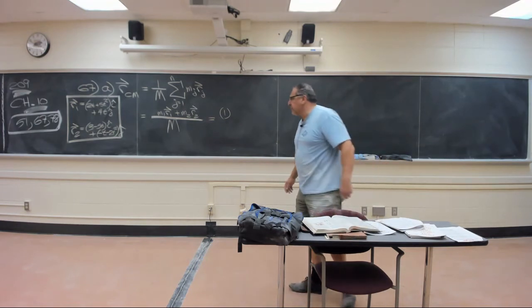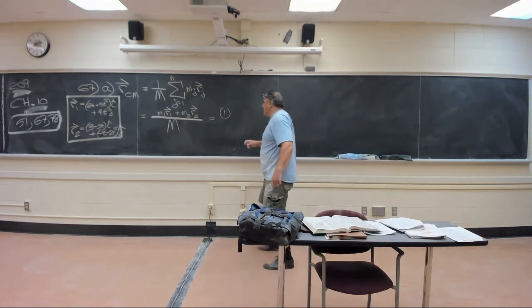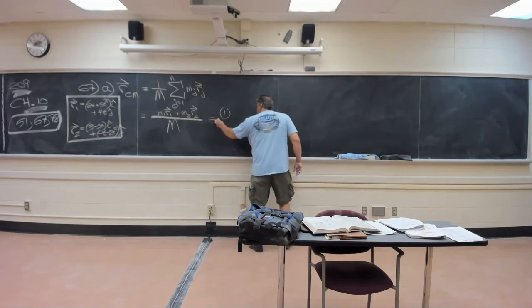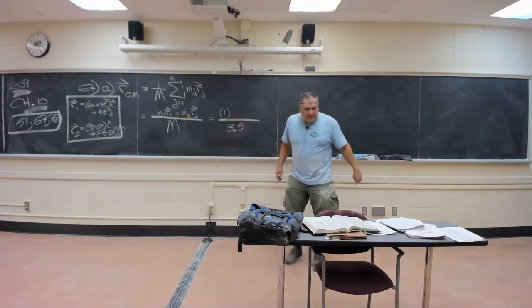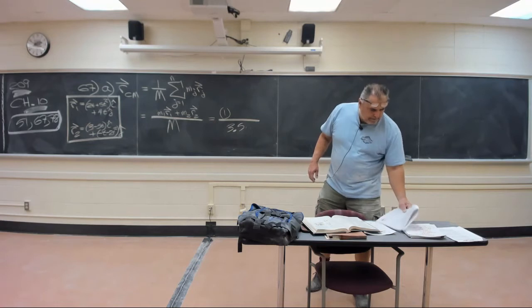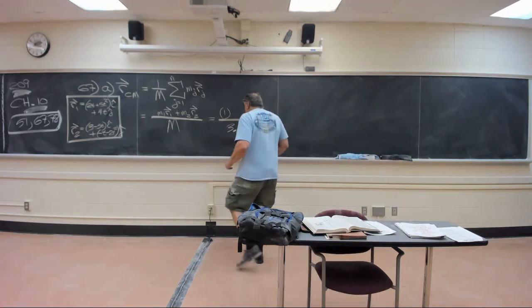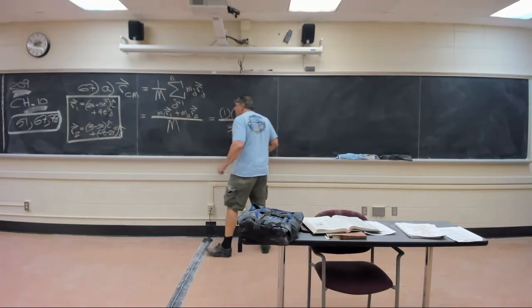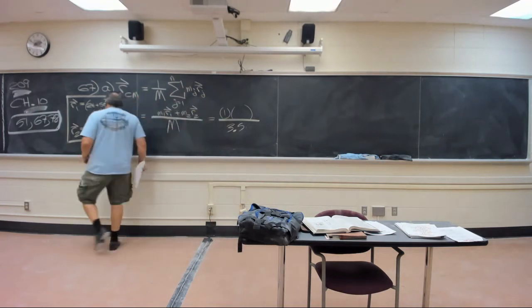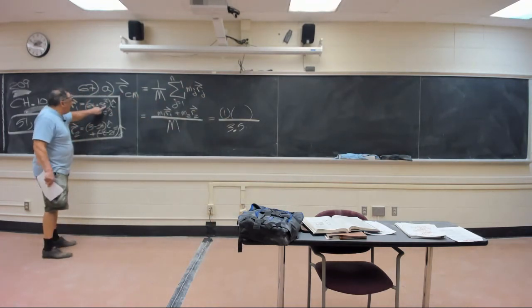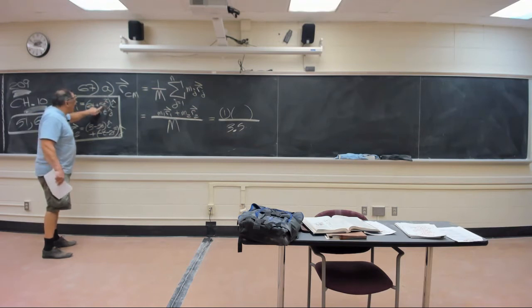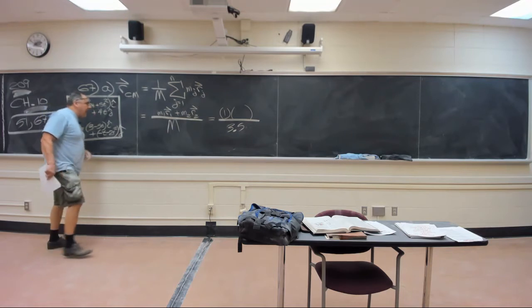T equals 3 seconds. What happens here is, M1 is this. The total mass is a 1 kilogram mass and a 2.5 kilogram mass. That's 3.5. This guy right here, at 3 seconds, what is 3 squared? 3 squared is 9. 9 times 5 is 45. 3 times 2 is 6. 6 and 45 is 51.